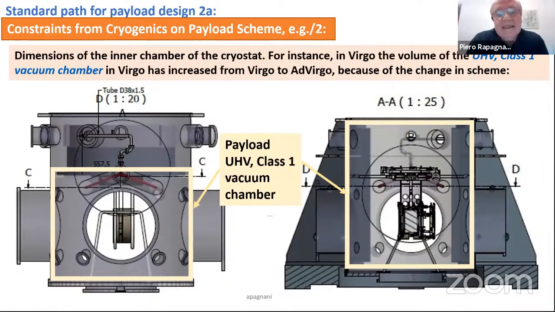But the point is that the structure of the payload, the scheme that we use for the payload, determines also the space that is needed, the vacuum chamber, or the cryogenic space that we need around the payload. And so, for instance, from Virgo Plus and Advanced Virgo, the vacuum chamber was increased a lot, almost doubled, because we had to change the structure using the cage, let's say.